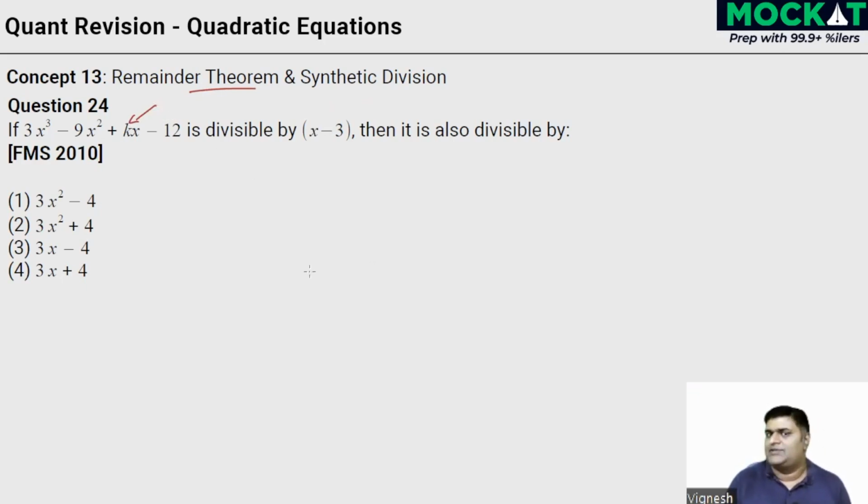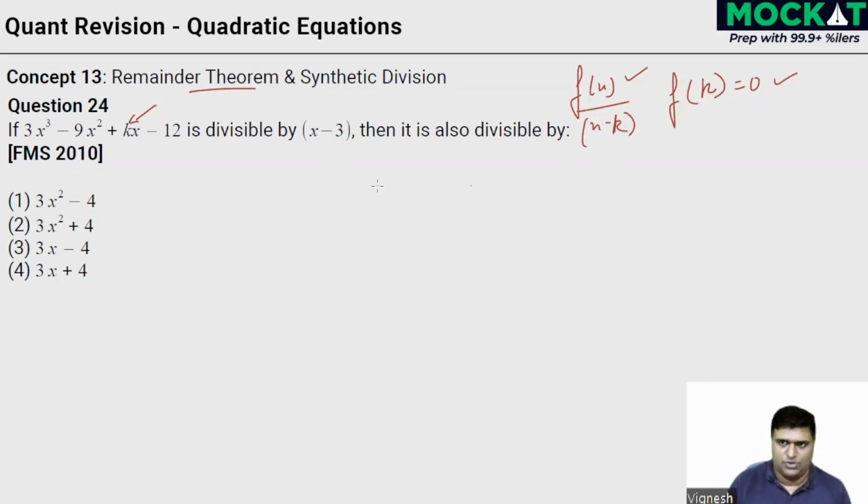So how do we find this k over here? If f of x is divisible by x minus k, then x minus k is a factor, and f of k is equal to 0 for sure. There's no remainder. It's perfectly divisible. So if I substitute that root, I'm going to get 0 over here. 3 over here is the root.